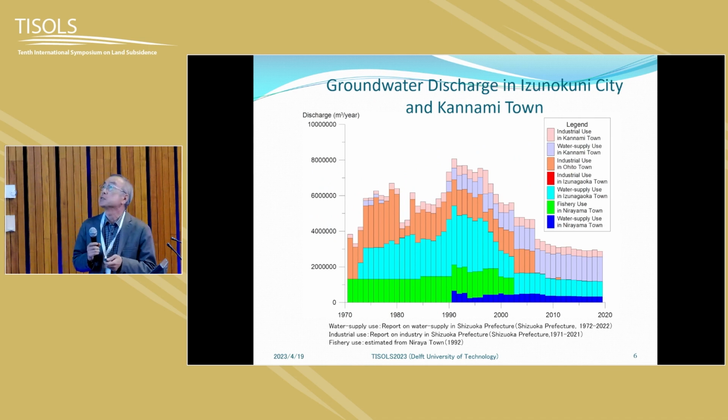This figure shows groundwater discharge change in Izunokuni city and Kannami town. In 1991, the discharge peaked, and then the discharge rate reduced.